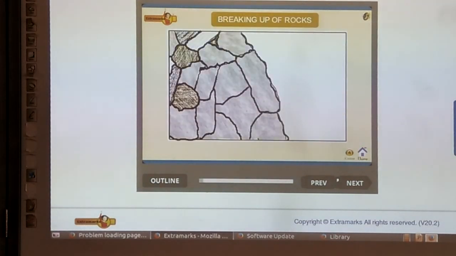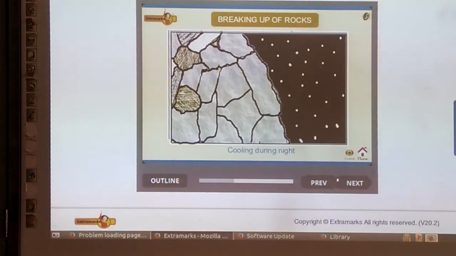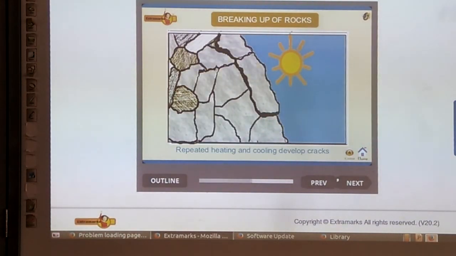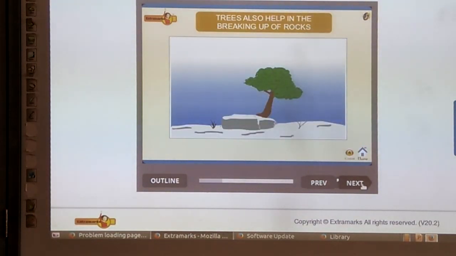Let us know the various steps that lead to the breaking up of rocks. Trees also help with the breaking up of rocks.